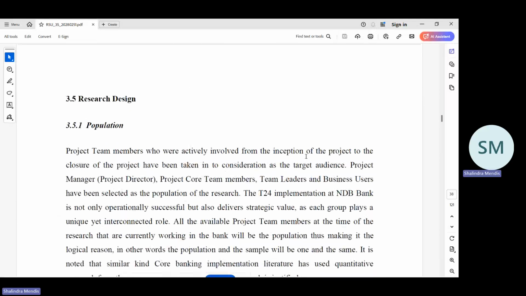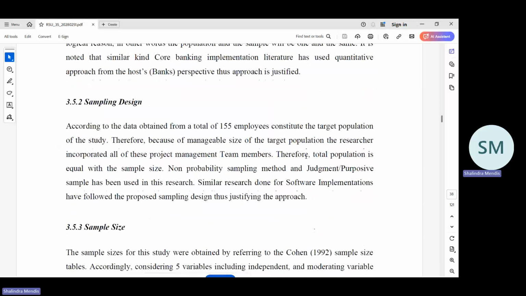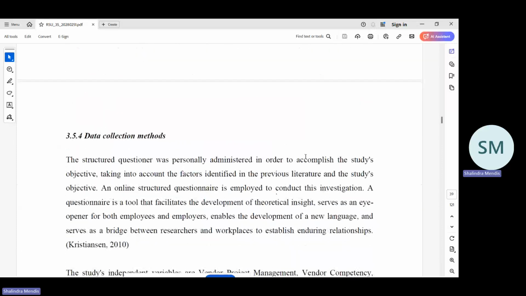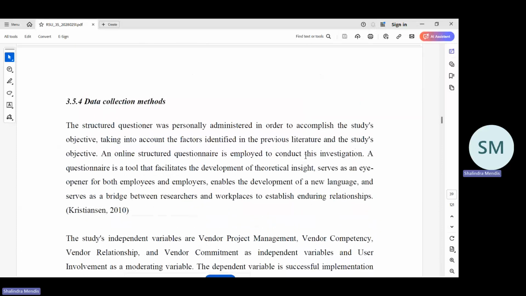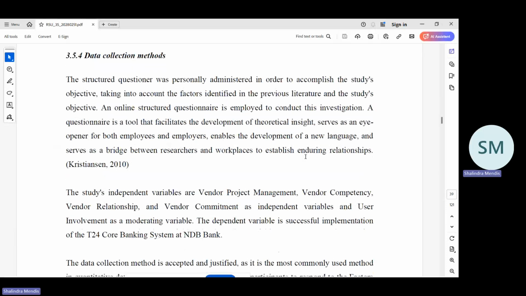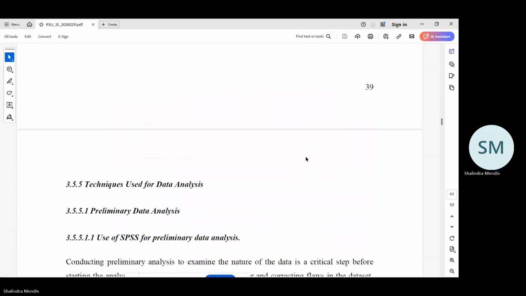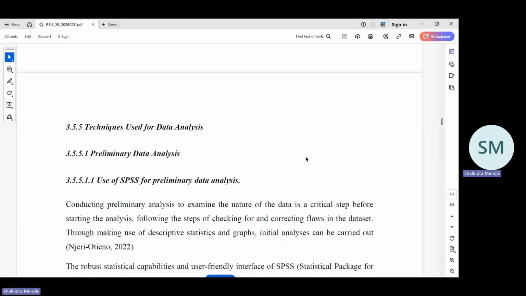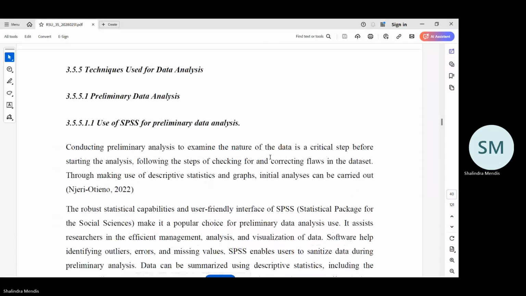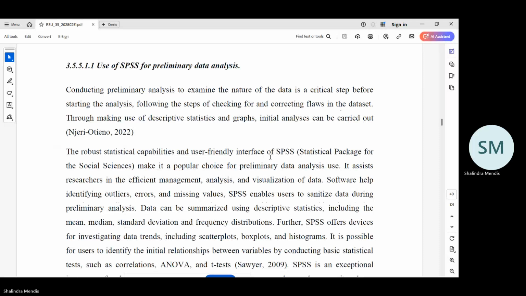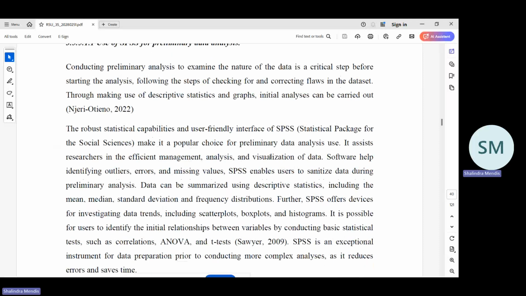The research design, population, sample design, sample size, data collection method using the questionnaire, quantitative method, and then techniques used for data analysis, preliminary data analysis, use of SPSS for preliminary data analysis. That's the plan.